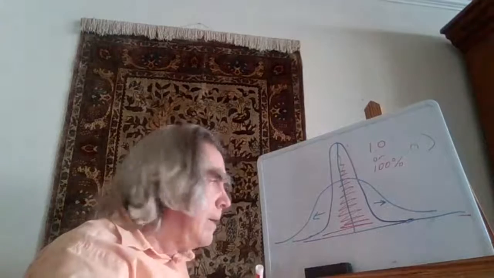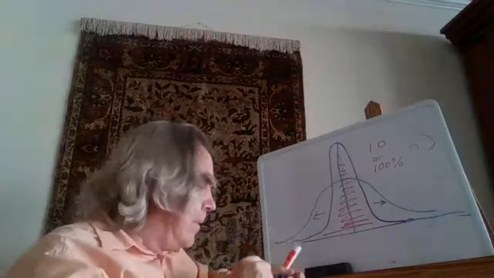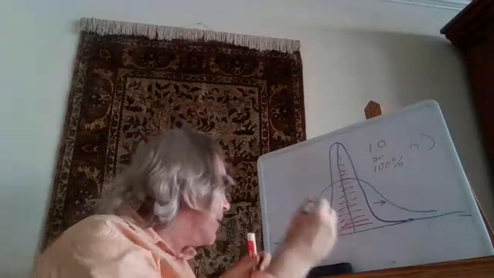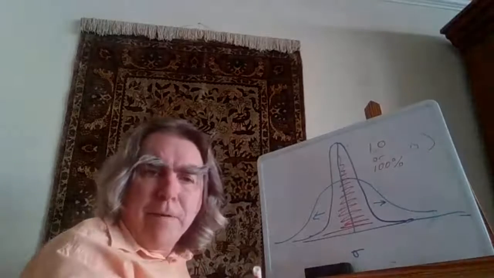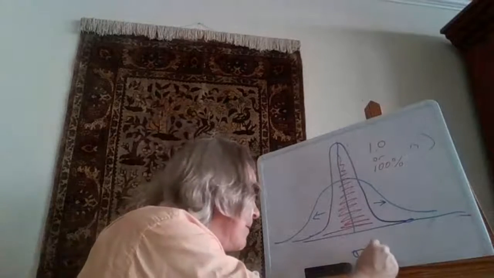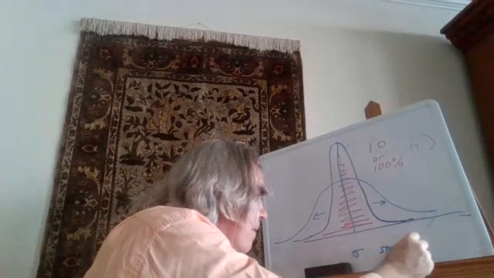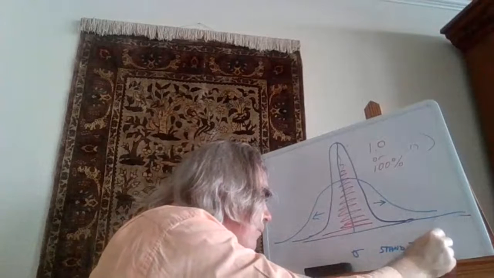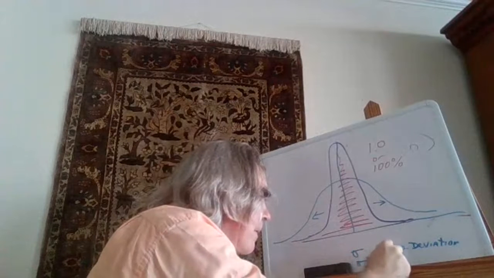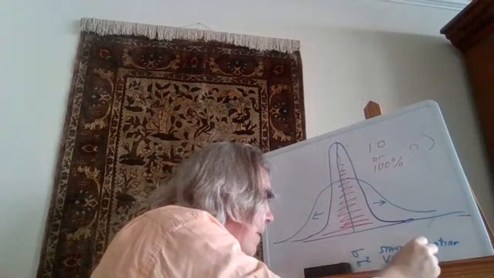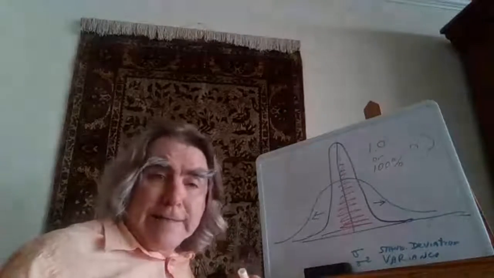Okay. Now, what was our measure of dispersion? Well, our measure of dispersion was either sigma or sigma squared, right? Sigma is the standard deviation. Sigma squared is the variance. Remember, the sigma and the sigma squared are tied together.